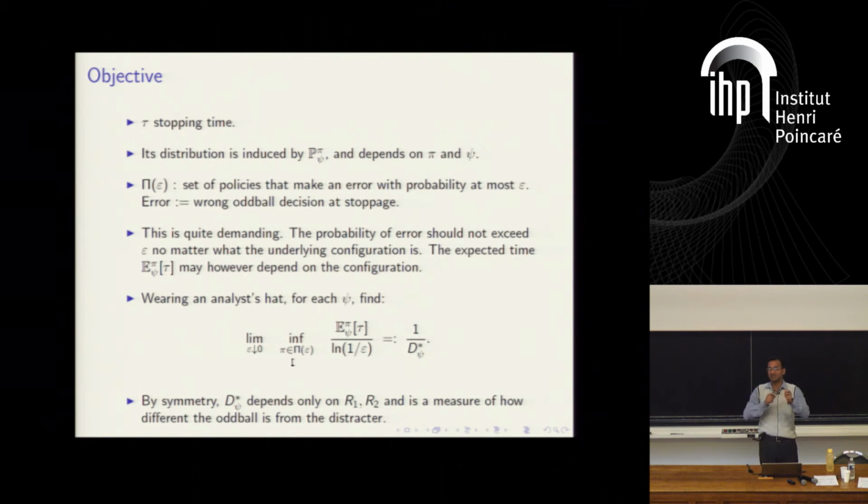Between I and J, there isn't any particular geometric relation that we are taking into account, so it must be independent of the I. So there is some invariance to the actual location I. And so this D star must be something that depends only on the response to the two images, which is R1 and R2. And we could take this as essentially a measure of how different the oddball is from the distractor. Okay? So this is the message that we will take forward.